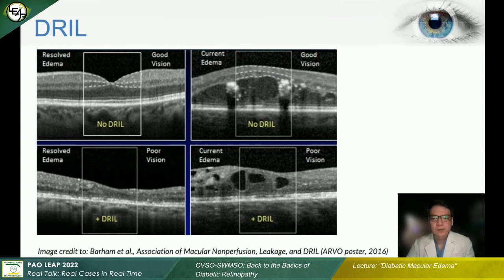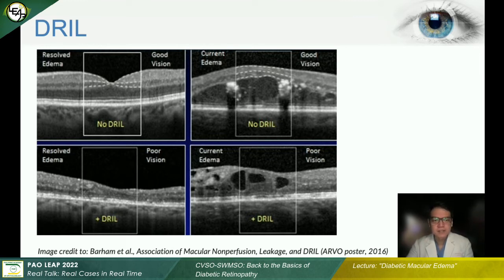Eyes with DRIL have a worse baseline and final visual acuity despite anti-VEGF injections and have almost 8 times greater risk for poor visual recovery. In contrast, the resolution of DRIL has resulted in better visual outcomes. DRIL was better correlated with visual acuity when compared to glycemic status of the patient and the central subfield thickness.